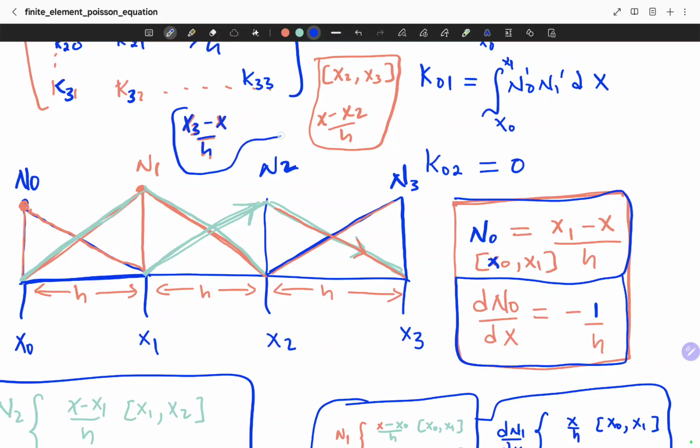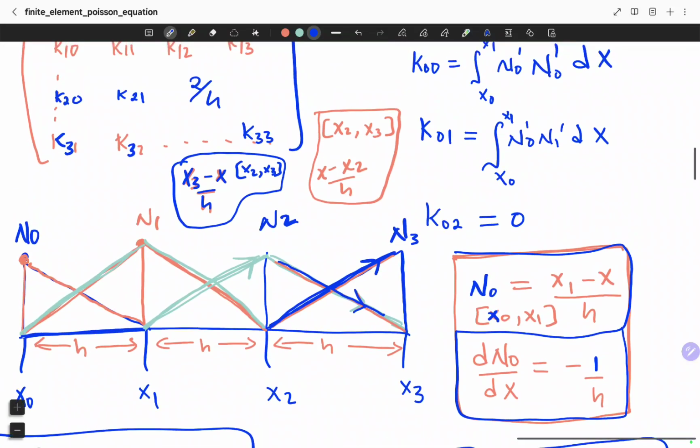But this one is also from x2 to x3. Good. So in this case, you are going to look at this one. This is for n3, the one that goes up. And this is for n2, the one that goes down. So you're going to do n2 prime.